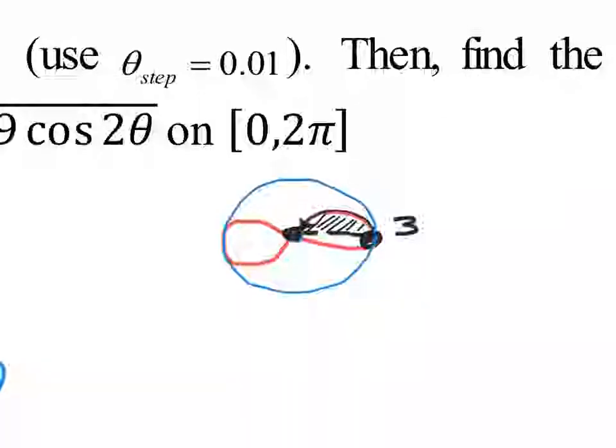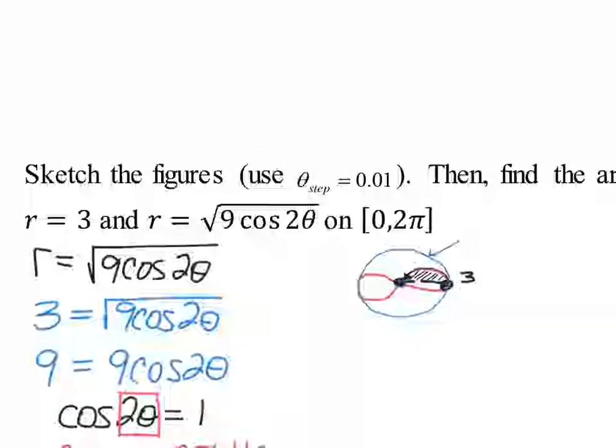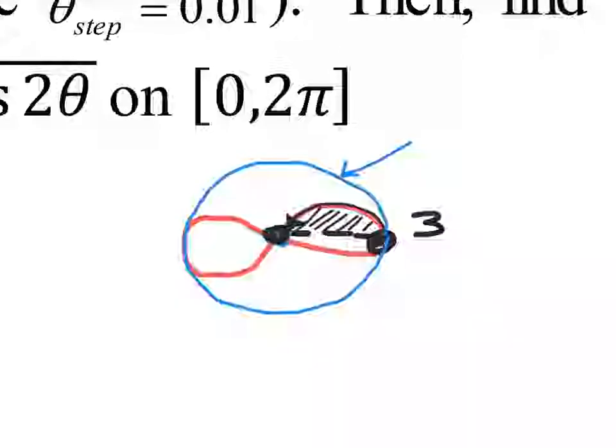This has a radius of 3. We've already figured that out. The area here, we did that in the first problem: area is equal to 9 pi. If I could just figure out this piece here, then I'll be in good shape.